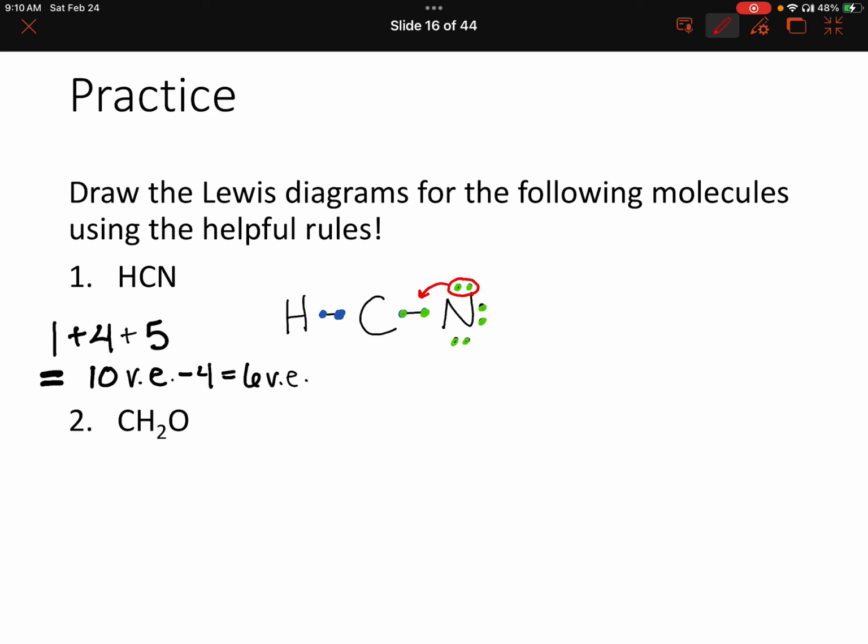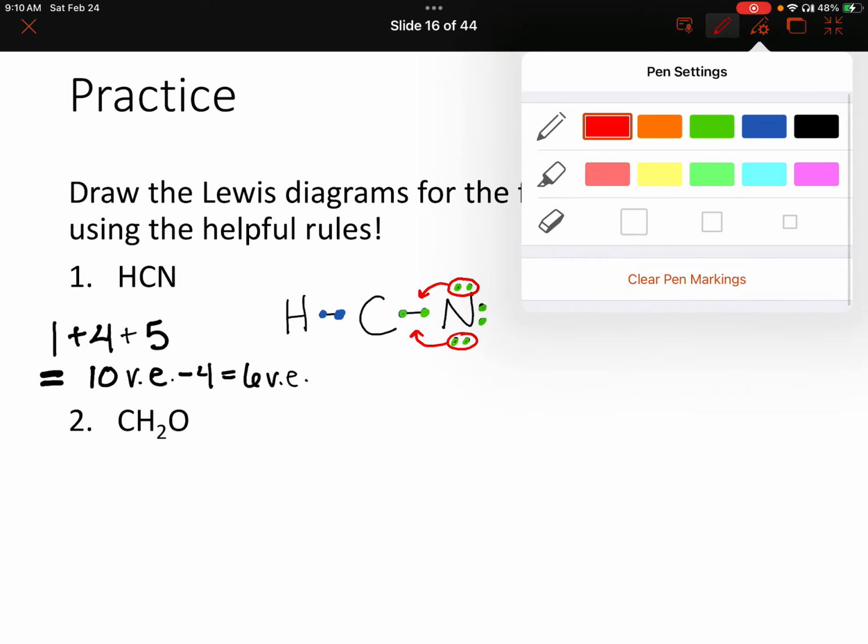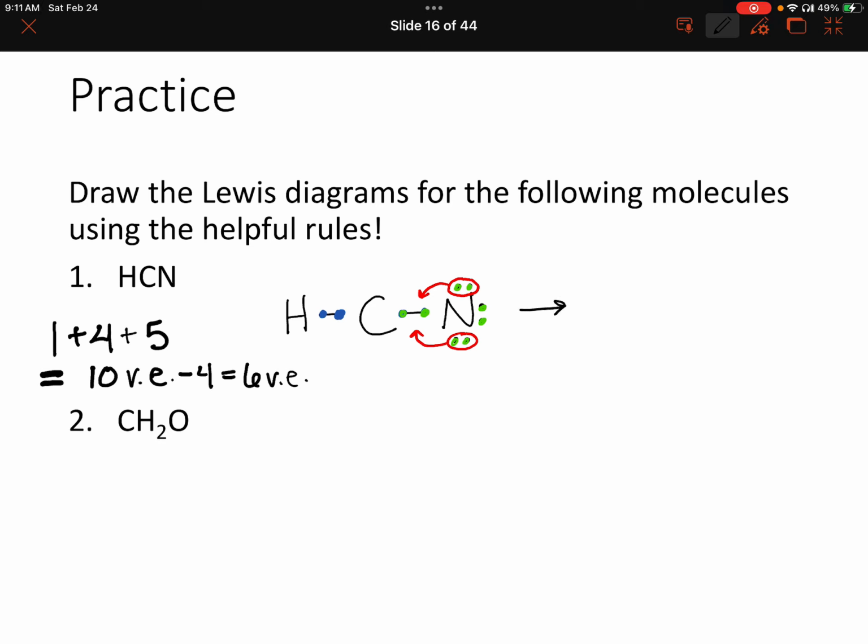So that'll give carbon 6 total electrons. We still need 2 more, so I'm going to move this one over as well. So we're actually going to create a triple bond between carbon and nitrogen. And then nitrogen will still have a pair of electrons left over.